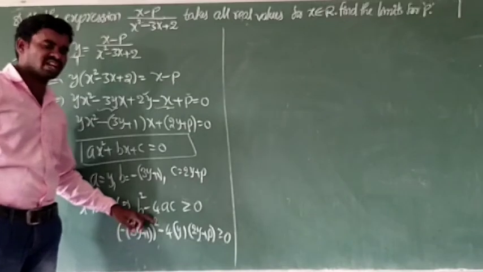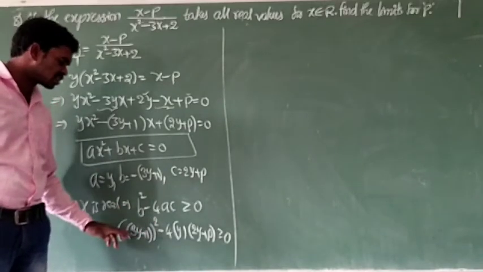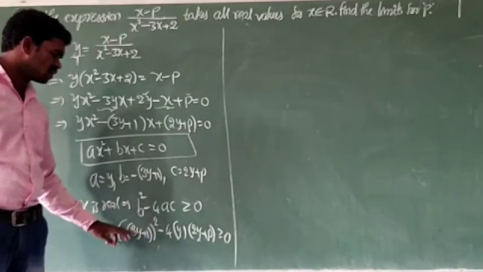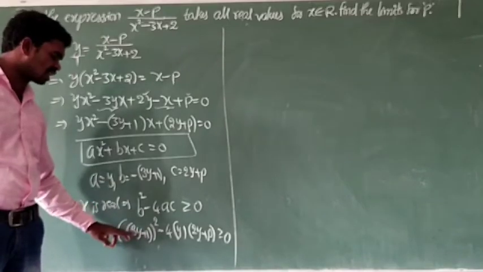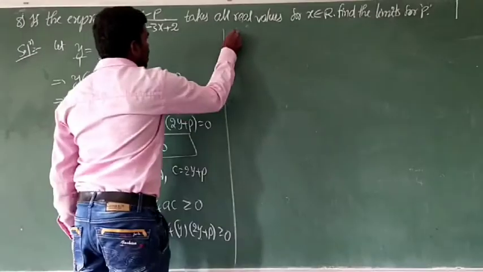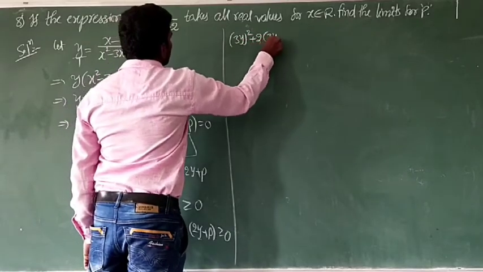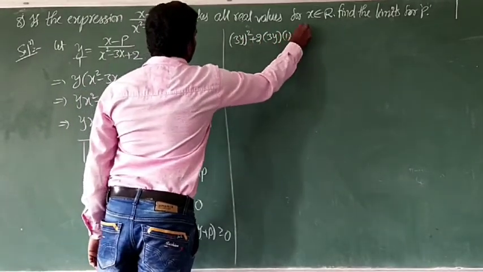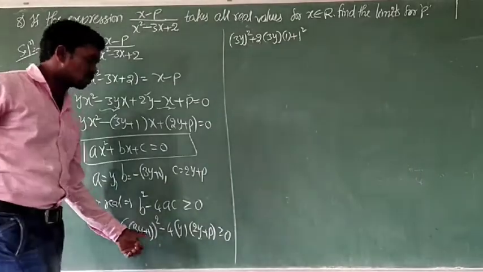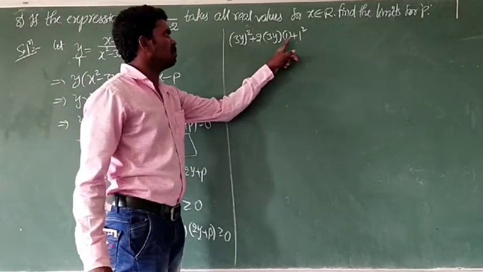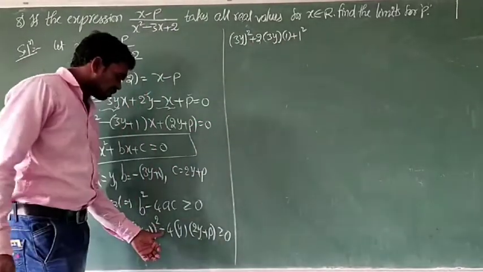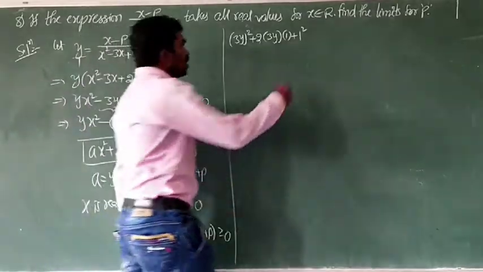Minus squared becomes plus. Next apply a plus b whole square, so a square plus 2ab plus b square. a square means 3y whole square, so 9y square, plus 2ab is 2 into 3y into 1, plus b square means 1 square. Then minus 4y into 2y, how much?